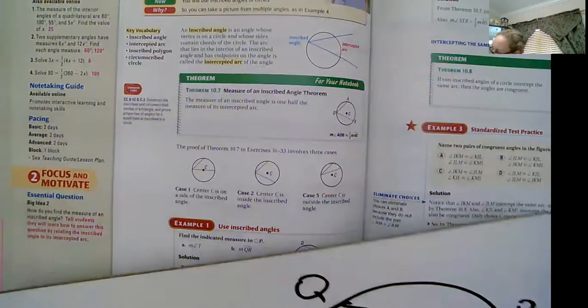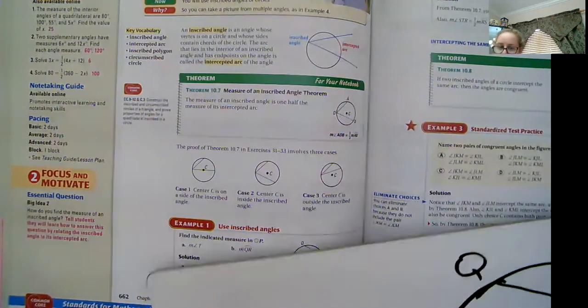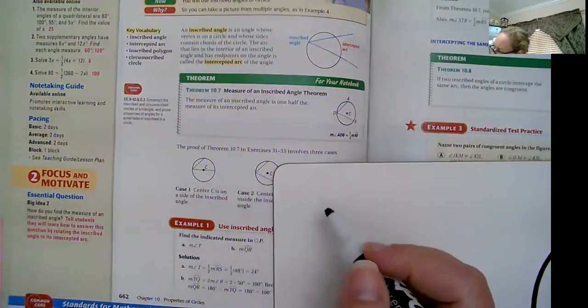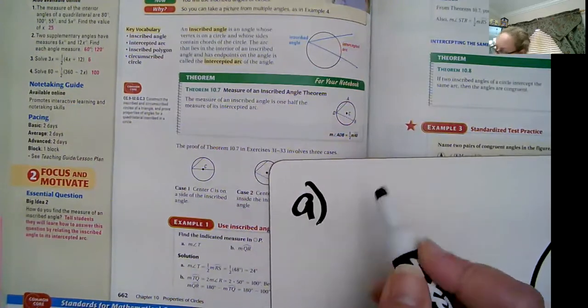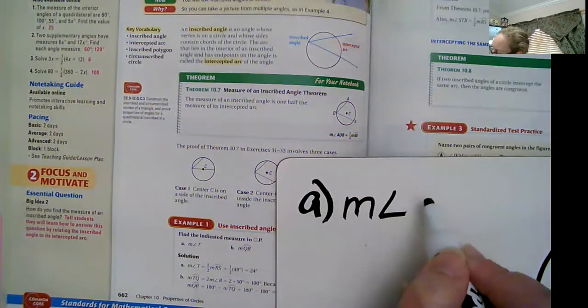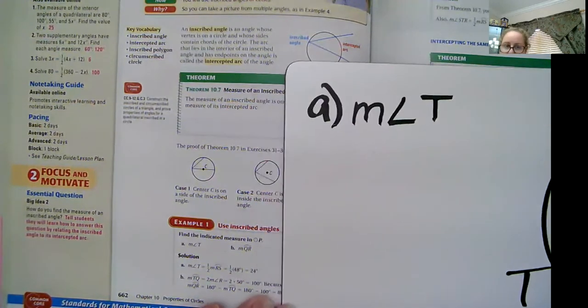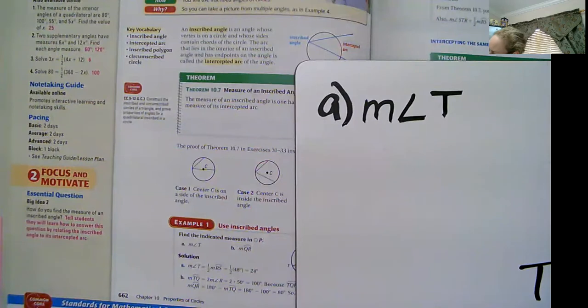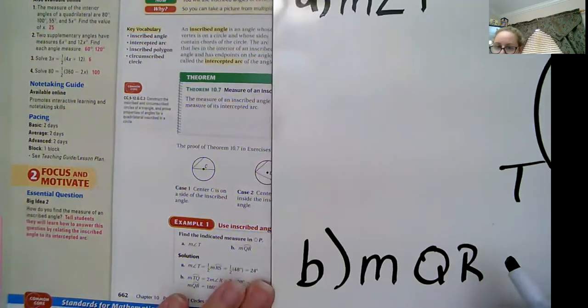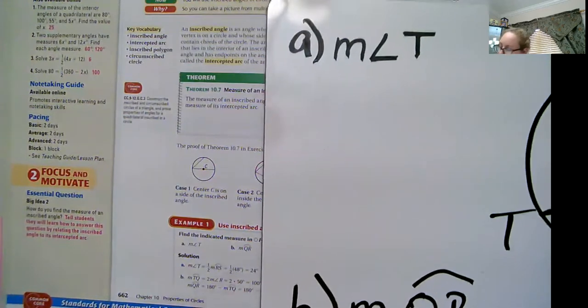So I drew my circle. The first thing that we're looking for is the measure of angle T. And then for B, they want us to find the arc length of QR.